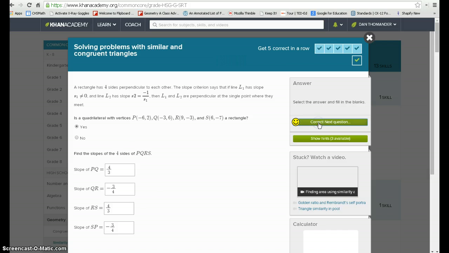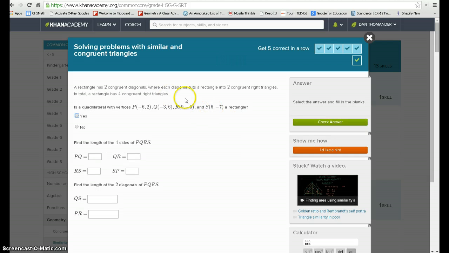Now, I'm not quite sure how that has anything to do with triangles, that one. But let's see. Cuts a rectangle into two congruent right triangles. So we're going to have a quadrilateral with vertices. Is it a rectangle? We find the measure of the lengths. Oh, that would be the distance formula.